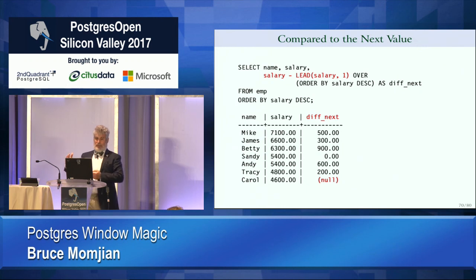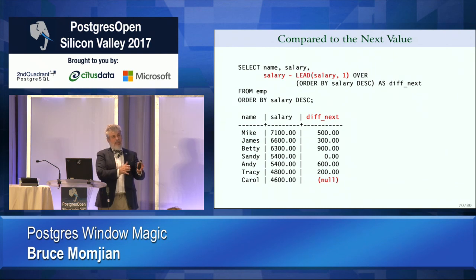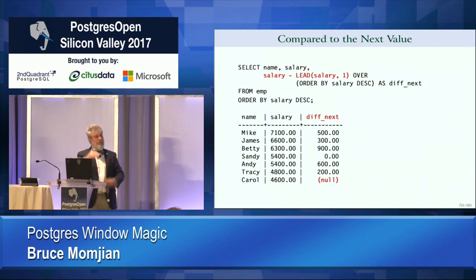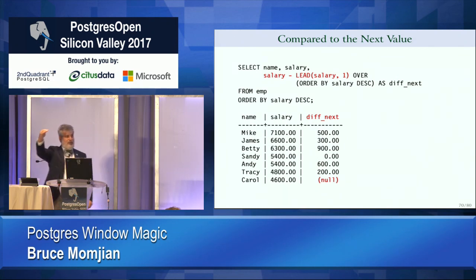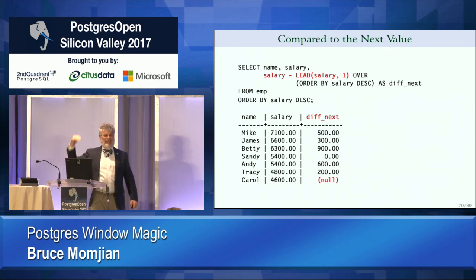We can do more. I can say, take my employees, order them by salary descending, and then tell me how much more that person is making than the next salaried employee. So I'm now saying for every employee, give me the most compensated first to the least, and then show me the difference between that employee and the next one.